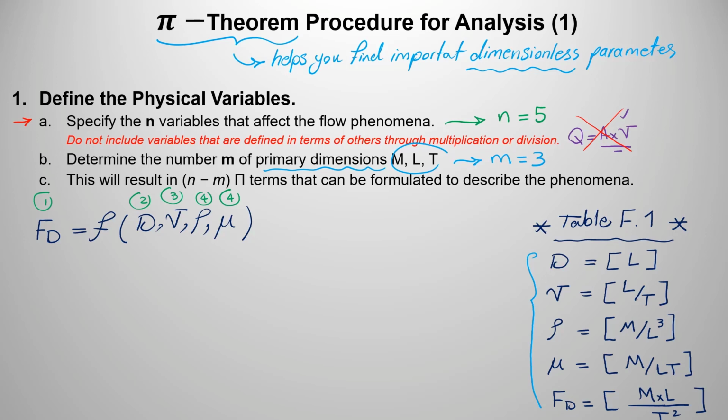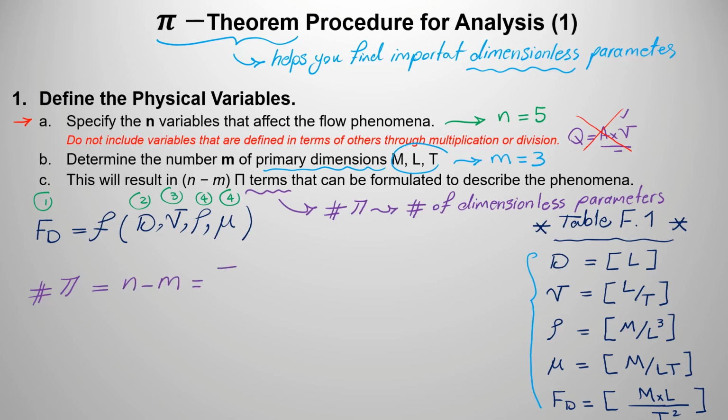So pi terms over here, the number of pi terms will tell you the number of dimensionless variables. All right, so we know that based on step 3, the number of pi's is equal to n minus m.